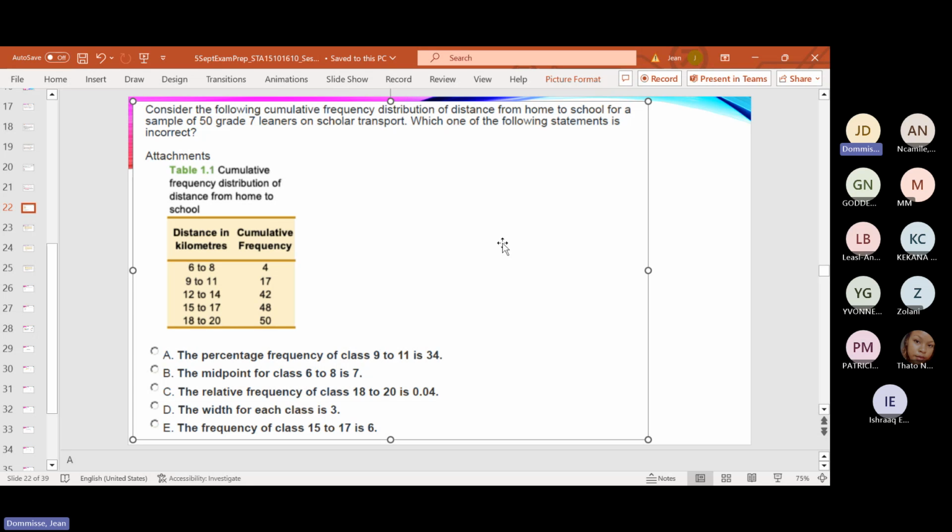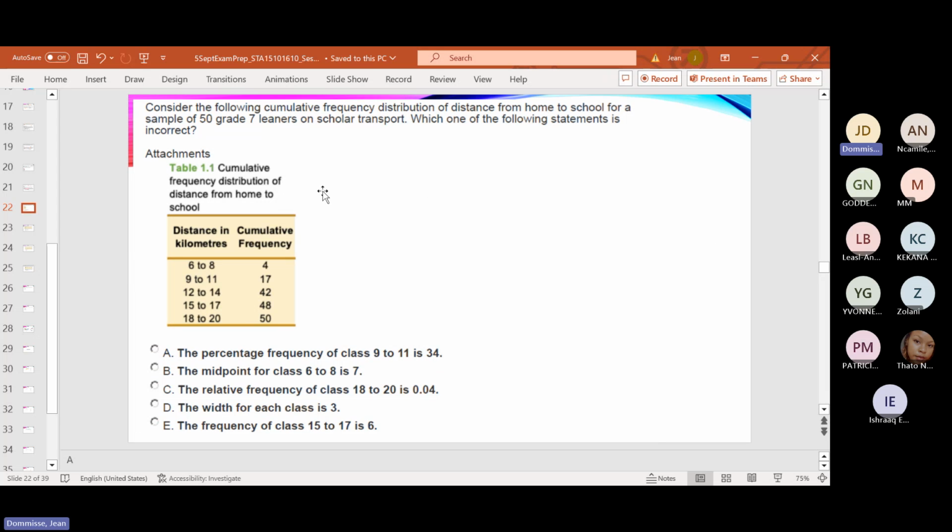So for both of the two subjects, we will have sessions just before you need to write. So don't worry that if 1510 has done the exam we stop, or if 1610 has done the exam we stop. We will continue with sessions until both of you are done with your exams.